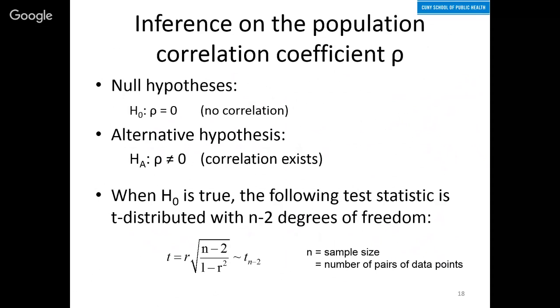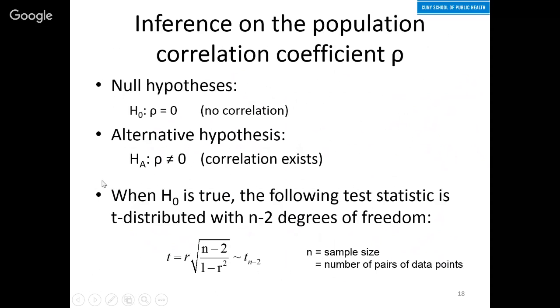We can perform inference on the population correlation coefficient with a null hypothesis that the correlation is equal to 0, meaning there's no linear relationship between these two variables, and an alternative hypothesis that some correlation exists, that rho is non-zero. And these are actually pretty easy to do.